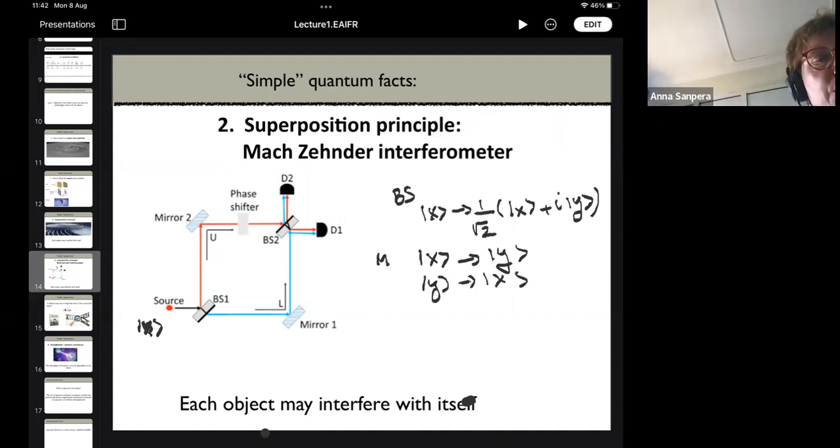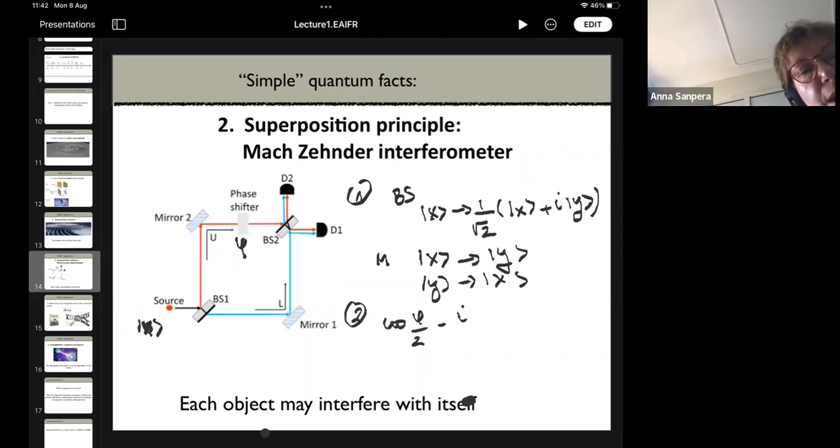Then we have our second beam splitter, and I'm not going to do the maths, but the output of this second beam splitter is something like cosine of the phase times X, plus or minus i sine of the phase times Y. So whatever we have after the second beam splitter, this is very important because it tells us that if there is no phase shift, this will be X minus iY.